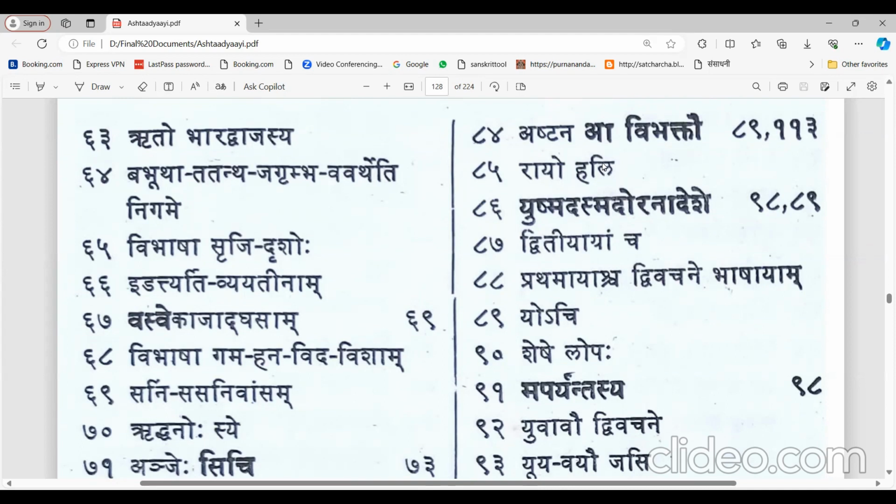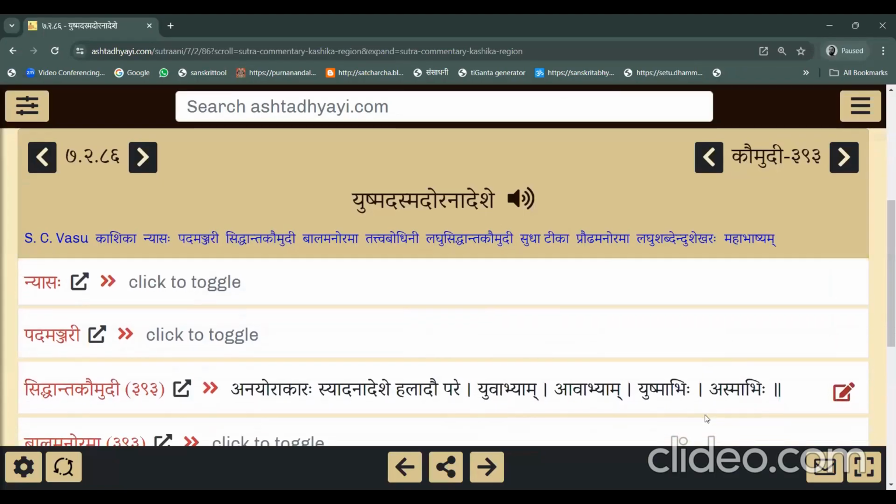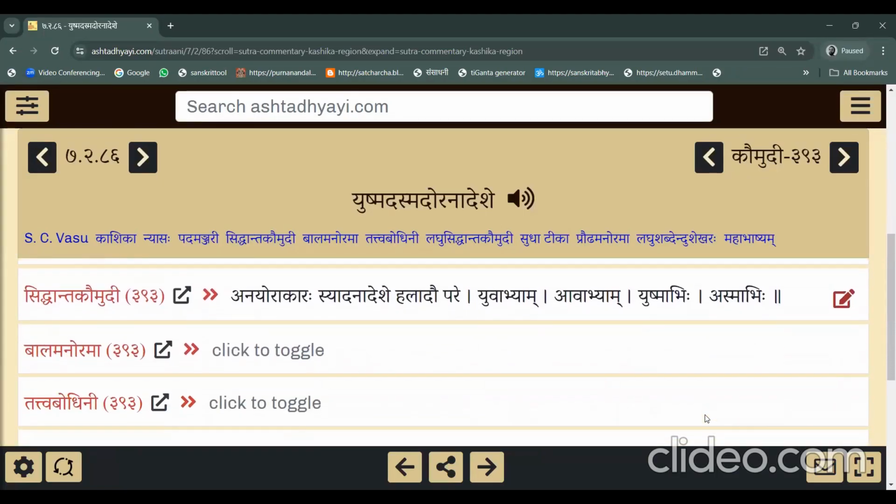Yakara adesha comes when ajadi vibhakti pratyaya follows. Akara adesha comes when anadesha aladi vibhakti pratyaya follows. So because of Yo Achi, that becomes a jnapaka for bringing the Hali as anuvritti from the previous sutra. Whether you bring it as anuvritti or not, aladi is understood.